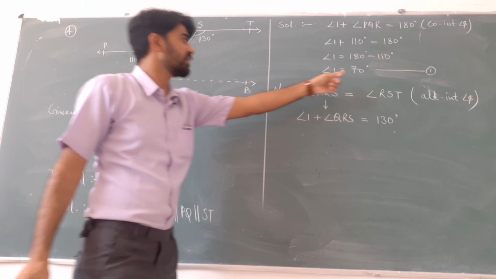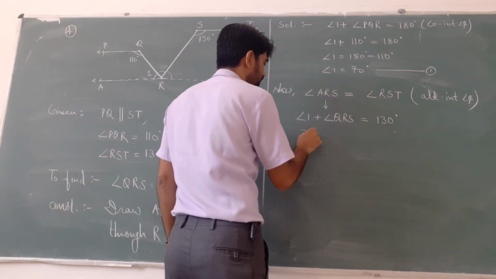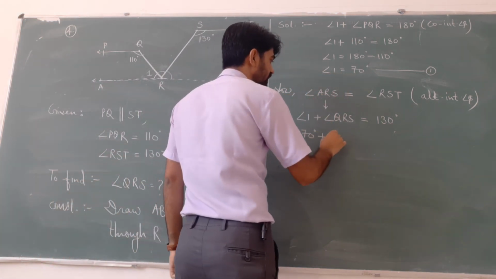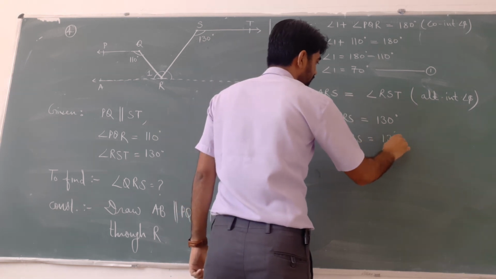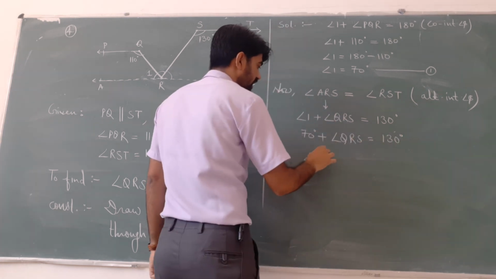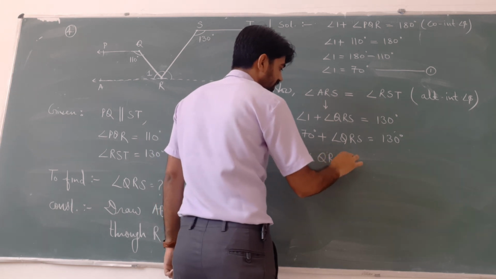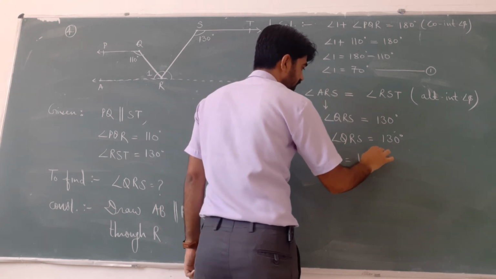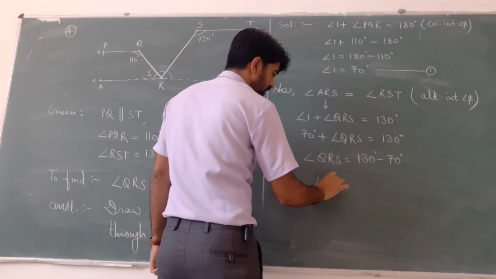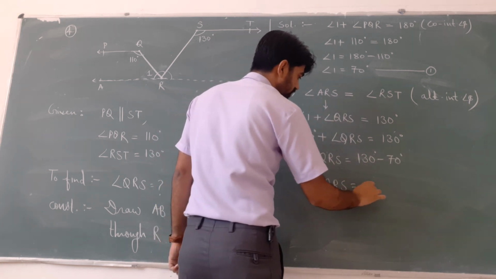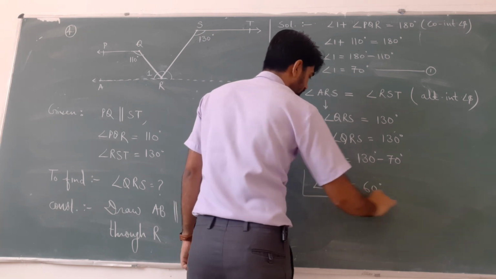Now angle 1 is 70 degree here. So 70 degree plus angle QRS is equal to 130 degree. So angle QRS is equal to 130 degree minus 70 degree. So angle QRS is equal to 60 degree. This will be the final answer.